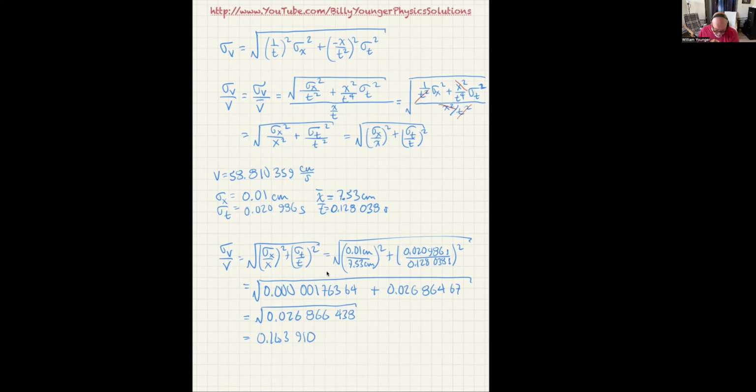So that's the fractional uncertainty in V, but as we found, the uncertainty in V is equal to the fractional uncertainty in V, which remember is just a symbol, times the best estimate of V. So if I take the 0.163910 and multiply it by my best estimate of V, which is 58.810359 centimeters per second, I get a much more reasonable answer.